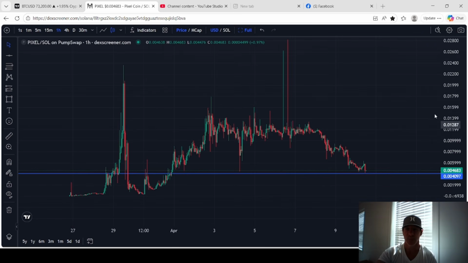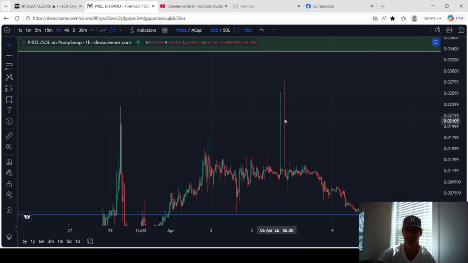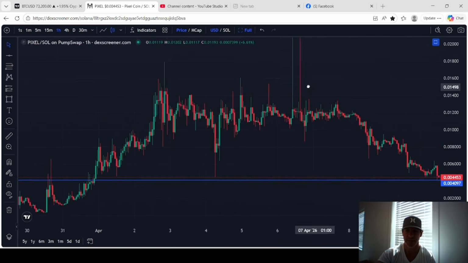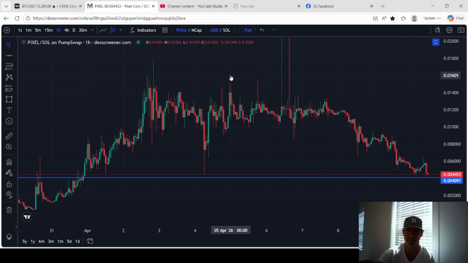So we have these wicks up here, which I'm not including, because if I look at my Phantom wallet, I don't see the price coming up here. I see the price coming here and here, but I don't see it coming up here. So normally, say this was the recent top after this bounce, I go after the bounce, top.